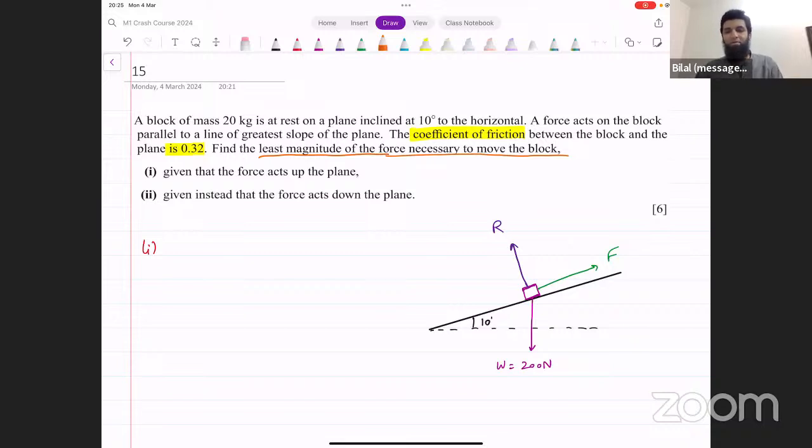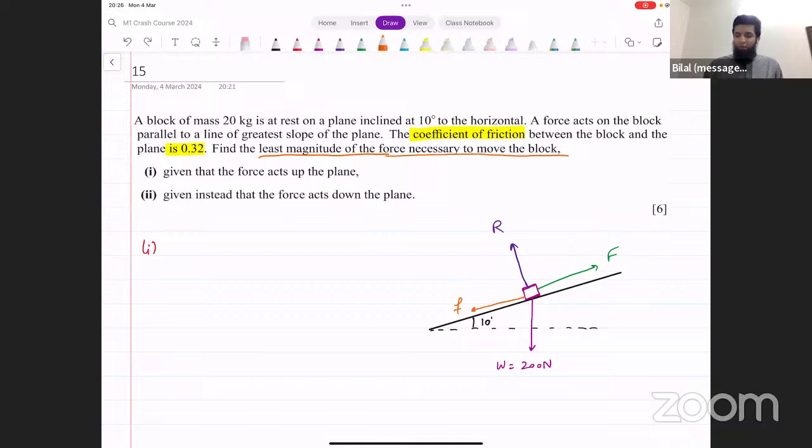Reaction, we have already represented. What about friction? Do we have friction? Yes. Which direction does that act in? Down the slope, right? Yes, because we are trying to move the object towards the right side. Friction should oppose that. It should act to the left side, because we're trying to move the object in this direction.